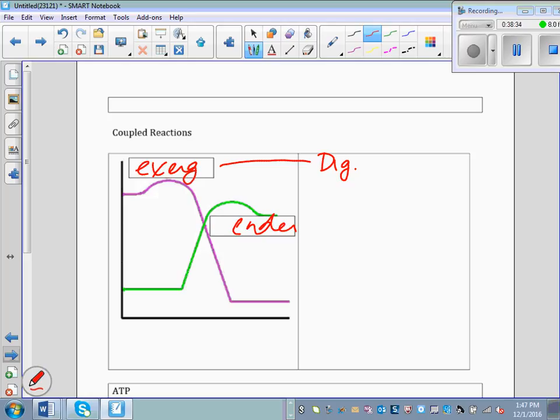Am I right? So, you are digesting all these molecules. So, a polysaccharide. What happens when you digest them? You're breaking them down into the monos.